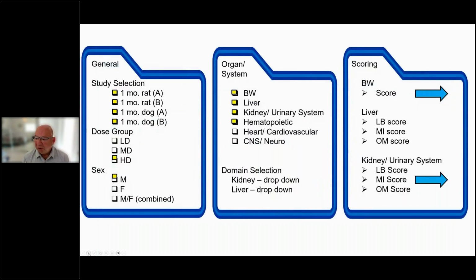So the dashboard we set up, this our Shiny dashboard, it is set up like this. And right now we have the 4 studies, so the 1-month studies in rat and dog for compound A and B. One could select those. As I indicated, for this proof of concept, we focused on high dose males. And then we built a number of organ systems, and again, it's all transparent in the tool as to what we included, for example, liver and kidney and hematopoietic.